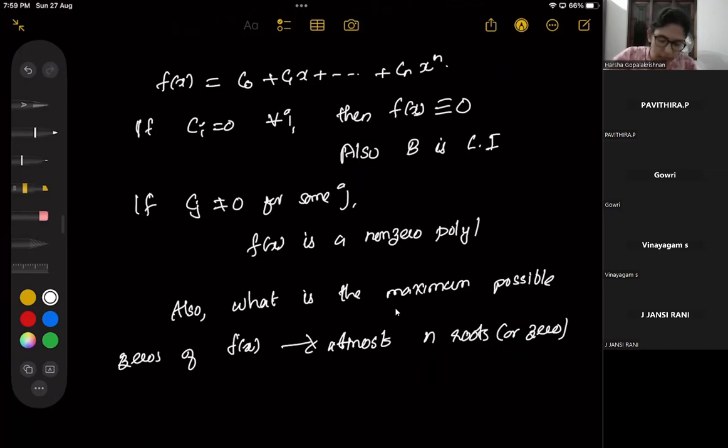So what it is saying is that f of x equals C0 plus C1 x plus etc. plus Cn x to the power n equals 0 for at most n values of x. Say x1, x2, etc. xn are the possible roots.